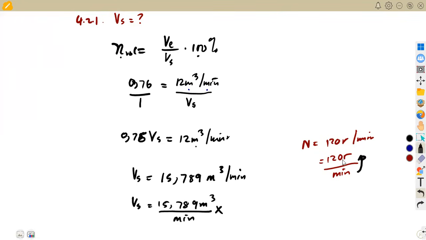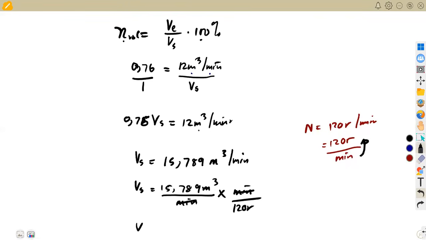All right, so meaning to say, in order for us to have that, we are going to multiply this by a minute over 120 revolutions. Okay, so this can cancel now, meaning to say our answer is going to be taken as VS, which is 15.76 times. We are going to multiply this.